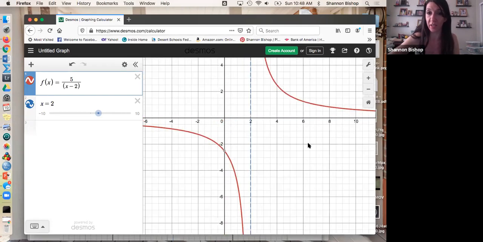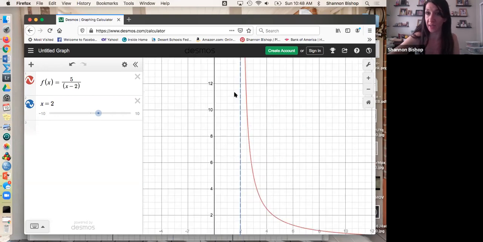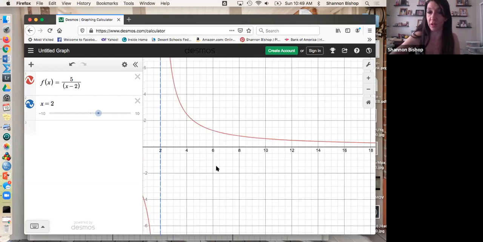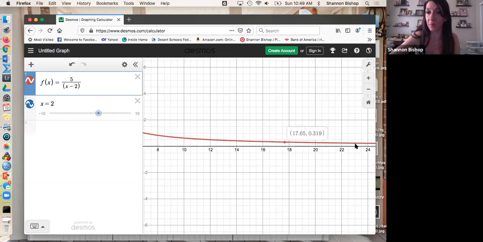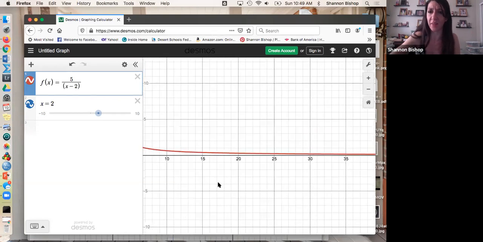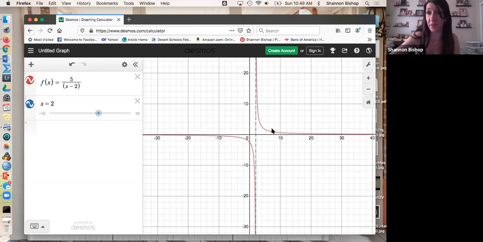Vertically speaking, we already know that it has a barrier at x equals 2, but there's also a horizontal barrier if you look carefully. You could probably estimate this one just with your eyeballs and say, well, I think I do see a flattening out of sorts, and it appears to just be the x-axis. So maybe the horizontal asymptote, or where it's flattening out to, is simply the x-axis.